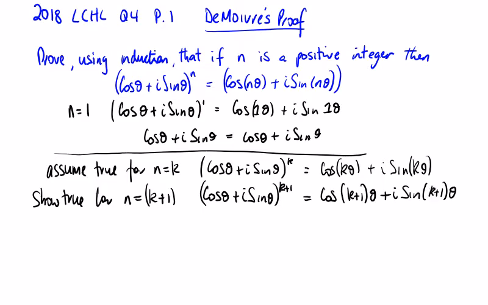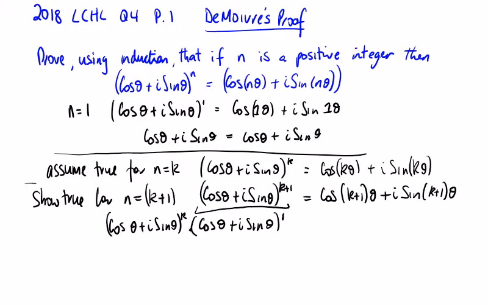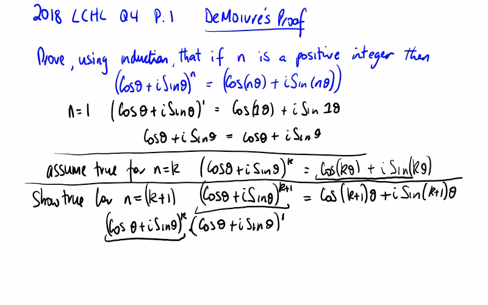So if we separate this out into (cos theta plus i sine theta) to the power of k times (cos theta plus i sine theta) to the power of 1, and then simplify it down, we can use my assumption to replace (cos theta plus i sine theta) to the power of k with cos k theta plus i sine k theta, because that's what we've assumed true.